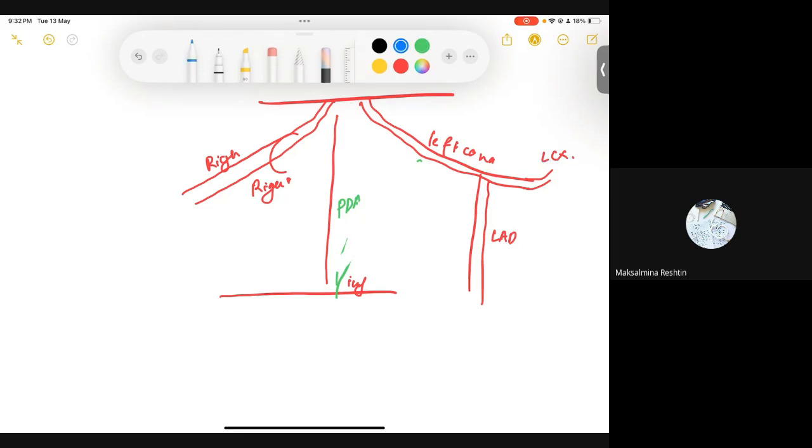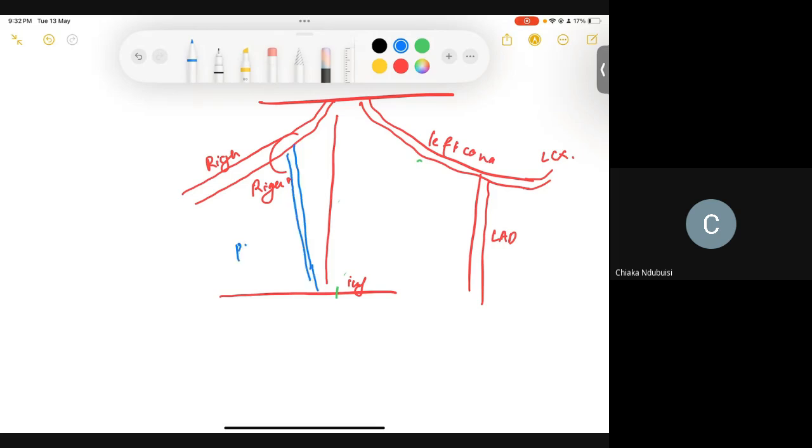In the question stem, they can tell you an individual is having a myocardial infarction with ST segment elevation in the inferior portion of the heart. Which artery is disrupted? That is PDA. But the other question that arises in your mind: in 80% of individuals, PDA arises from the right coronary artery.